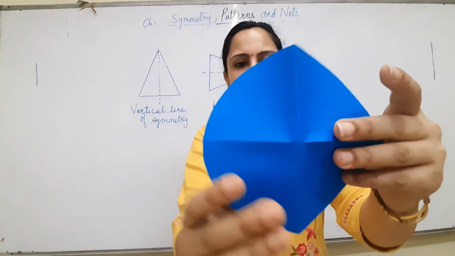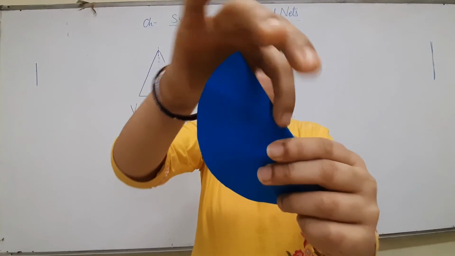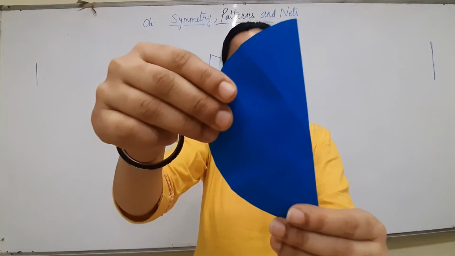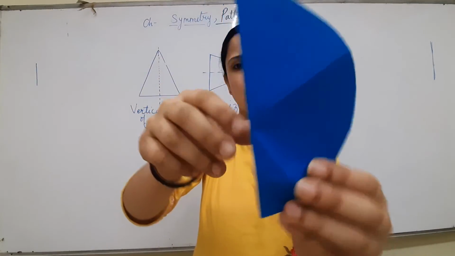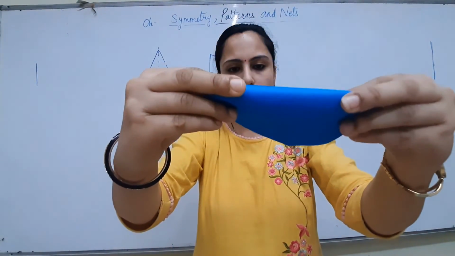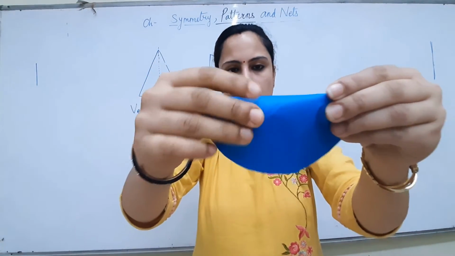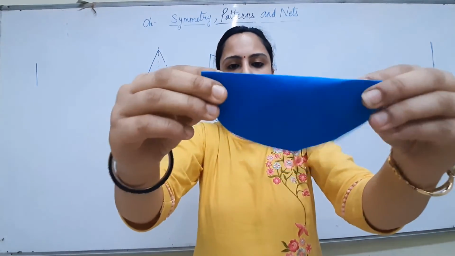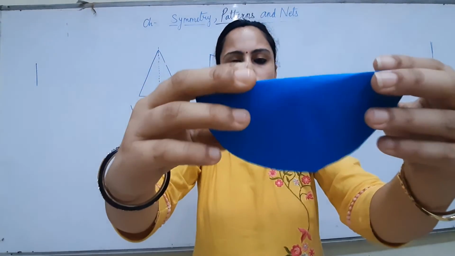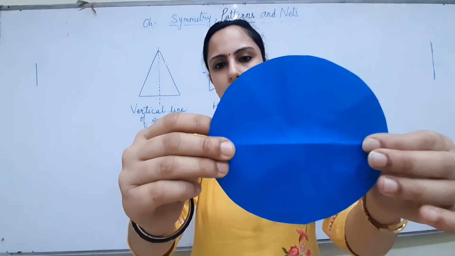1 more line of symmetry. Now like this. See, it is exactly overlapping. Now you can fold it like this. See, it is exactly overlapping. So you can see that you can form infinitely many lines on this circle.